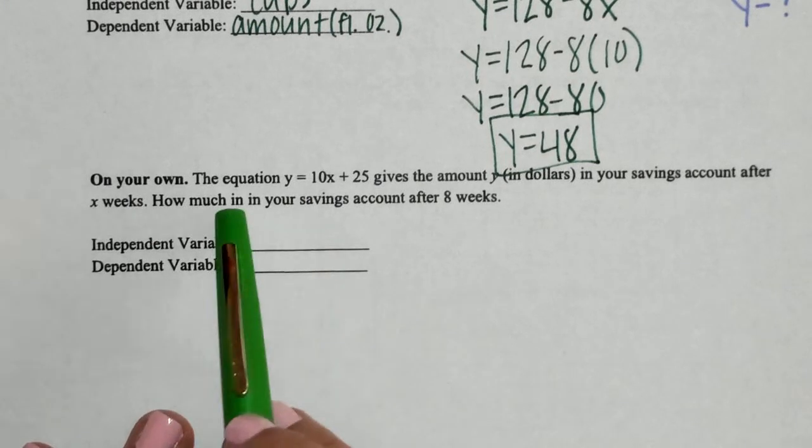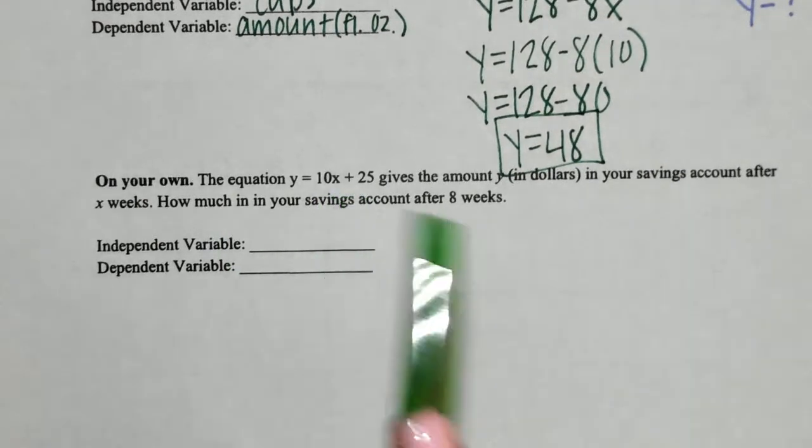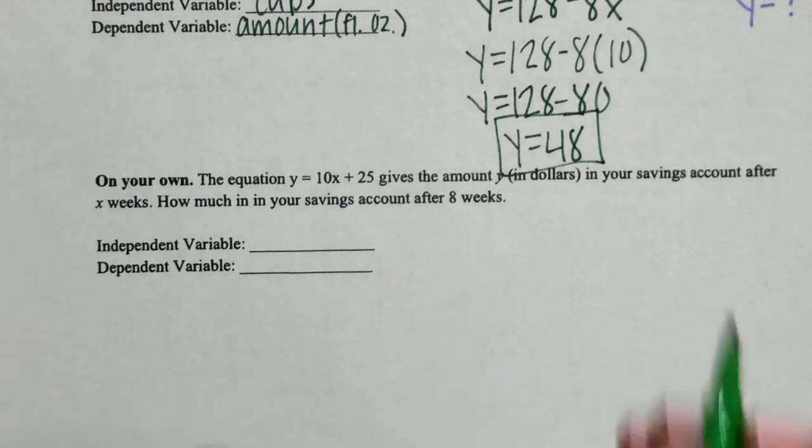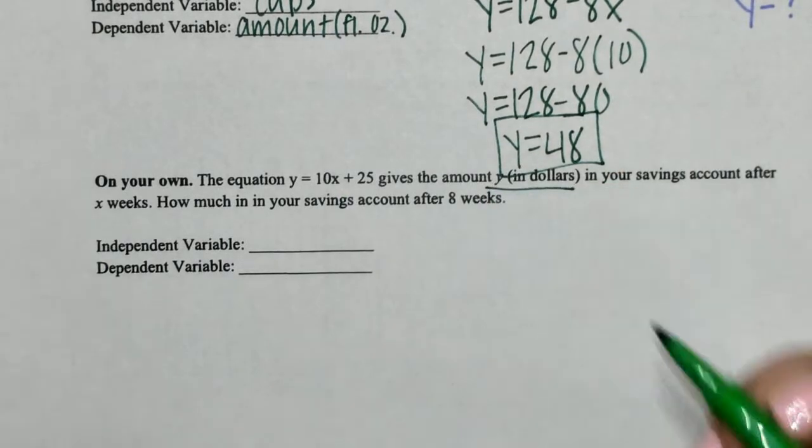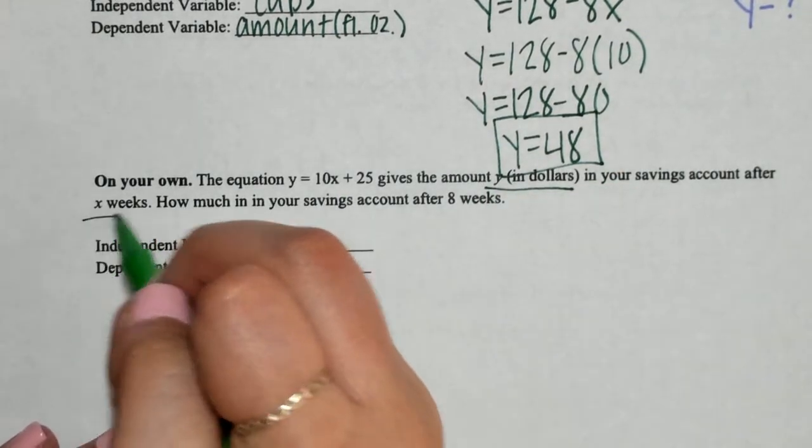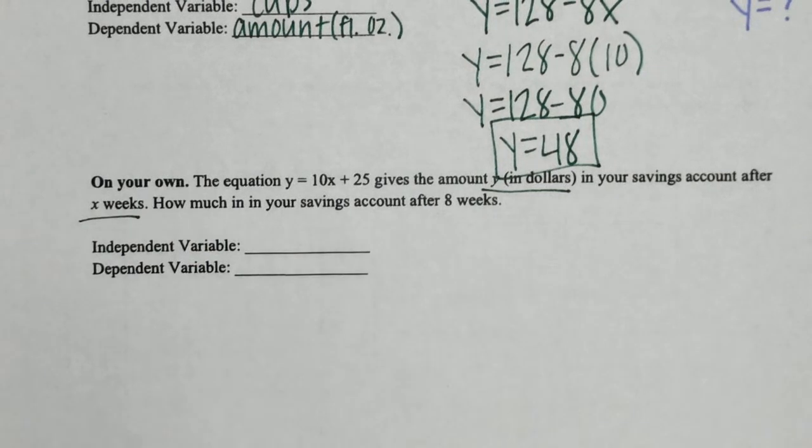Okay, the equation y equals 10x plus 25 gives the amount y in dollars in your savings account after x weeks. How much is in your savings account after 8 weeks? What is our independent variable? What is the x? Mari?